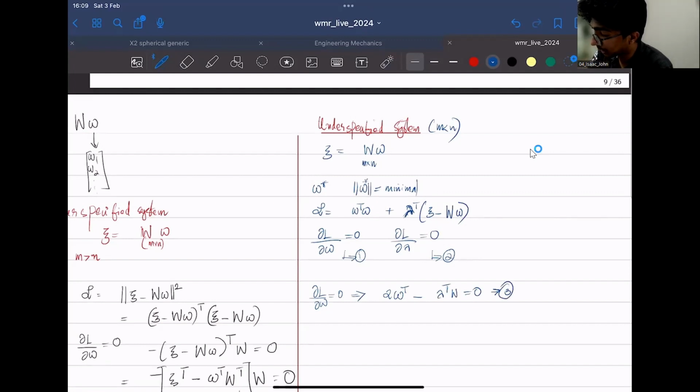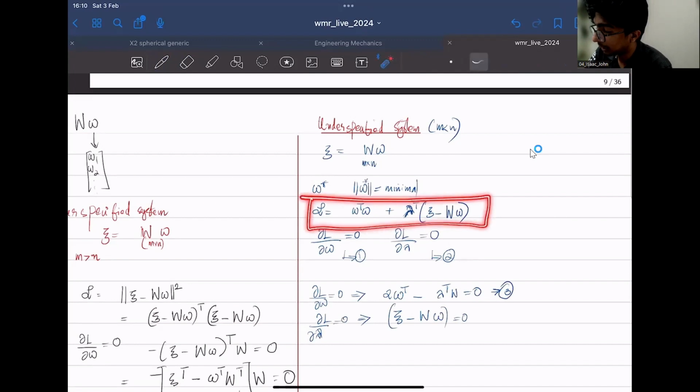From the second condition, dou L by dou lambda equal to 0, this would mean theta minus W omega equals 0, because the derivative of this term with respect to lambda would be nothing but this term.